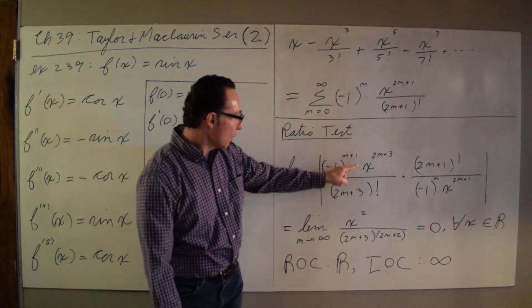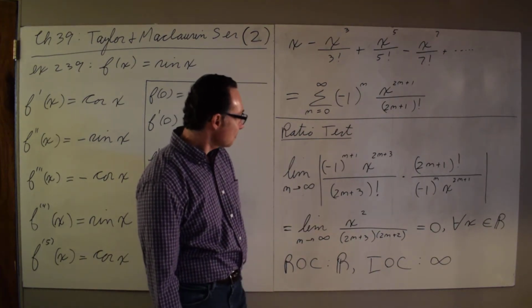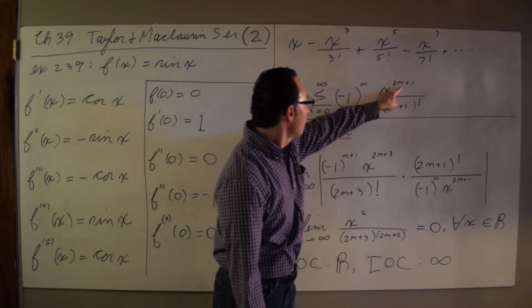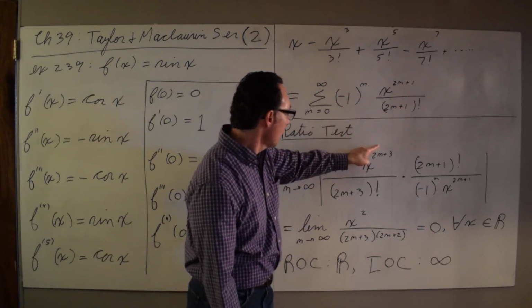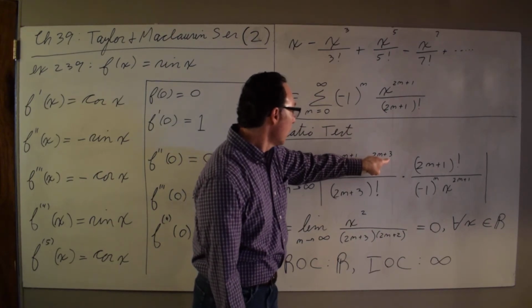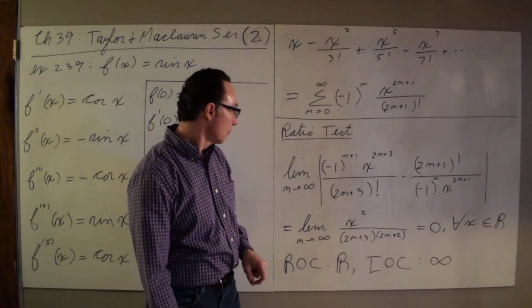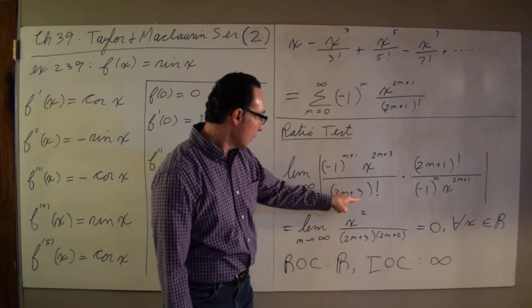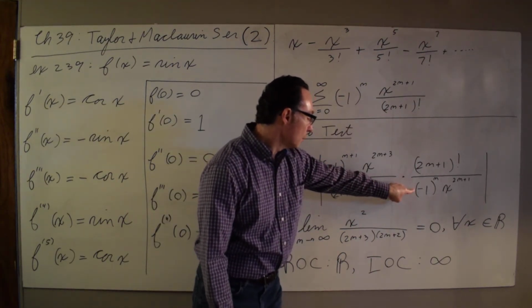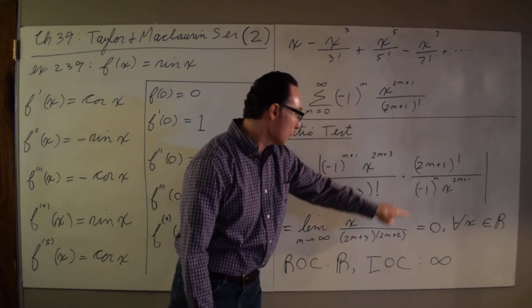So we have the n plus 1 term. Notice that for the n plus 1 term, we have 2 times (n plus 1) plus 1. So that's where the 2n plus 3 comes from. The same thing here. This is the n plus 1 term, this is the nth term.